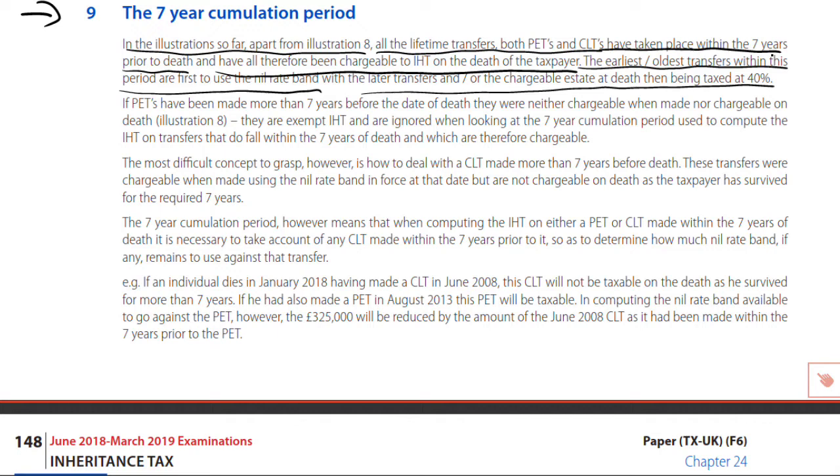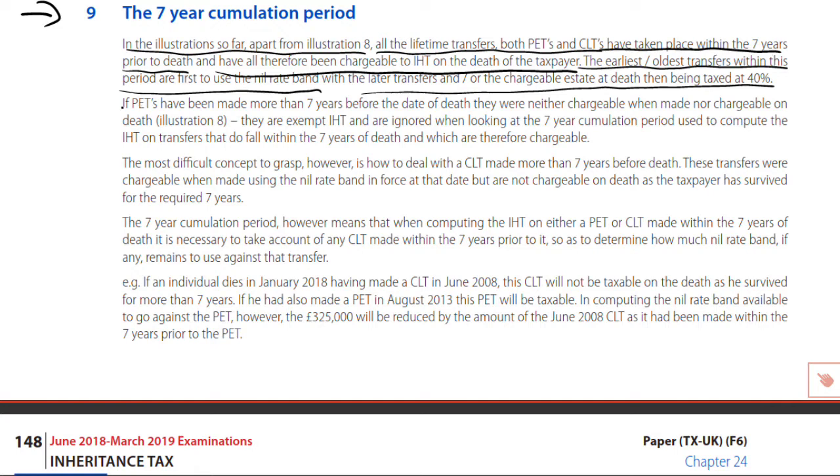I say 325, of course, we know it could be up to double that if you have the unused nil rate band of a previously deceased spouse to access. Up to 100% could be the unused nil rate band proportion, so you could get up to £650,000 of nil rate band. But other than that, your individual nil rate band is 325.